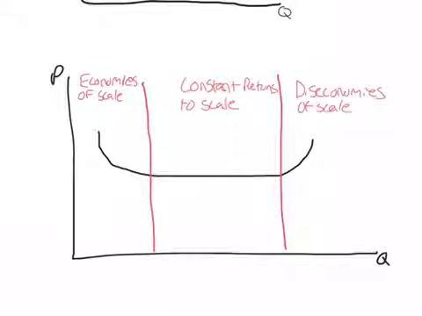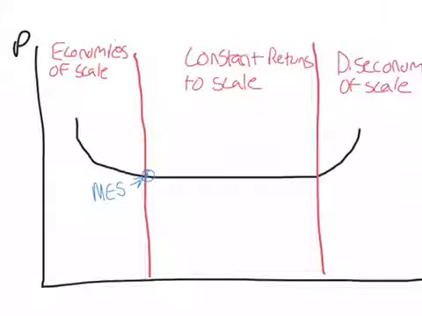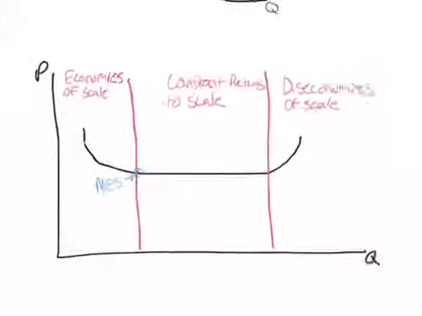So this point down here, where the economies of scale reach their lowest point before bottoming out, is called minimum efficiency scale, or MES. So minimum efficiency scale. So yeah, that is our long run graph.